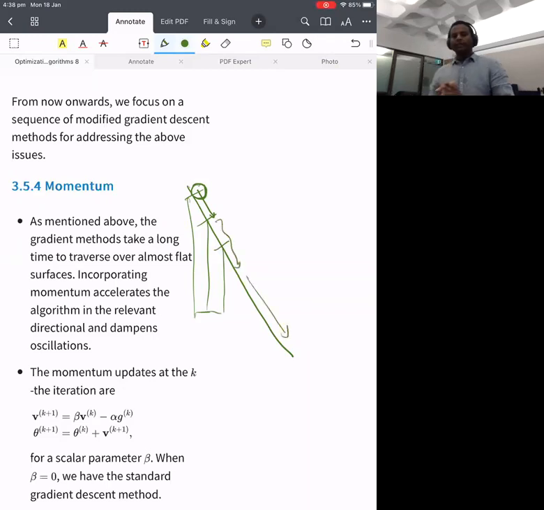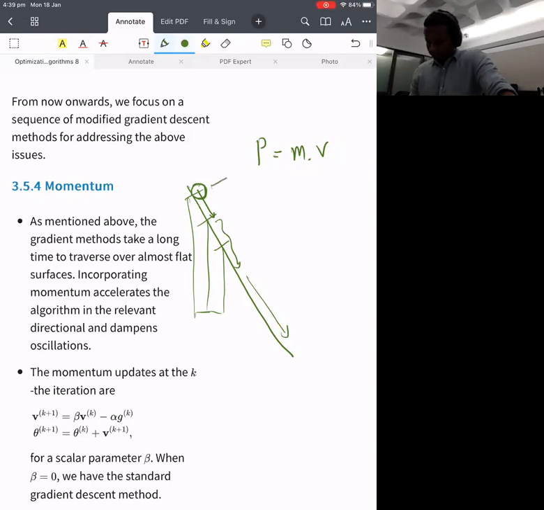This is essentially captured in physics by momentum, denoted with p, mass times velocity. So think of each iteration as running for 1 second or 1 minute. In each iteration the displacement is not constant across iterations, but in gradient descent that is the case. So we need to add that momentum, the change in the velocity.